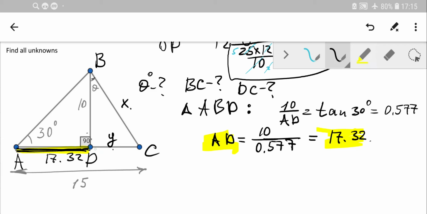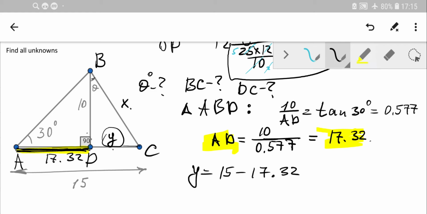You can find this y side immediately, because y, which is DC, is the whole segment minus AD. So we can find it as 15 minus 17.32. Wow. For real? Look, guys, it means that we've got an improper value for y.